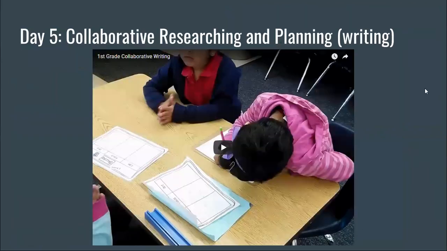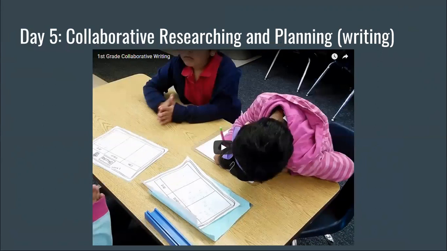So day 5 is where it turns into the second part of the work, which is their collaborative researching and planning. And this is an example of 3 students actually working together. And she lets them self-select their groups. And she said she was a little wary about it at first, but it has worked out very well.